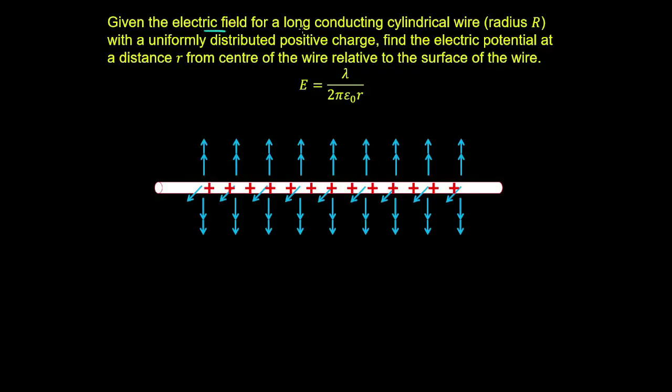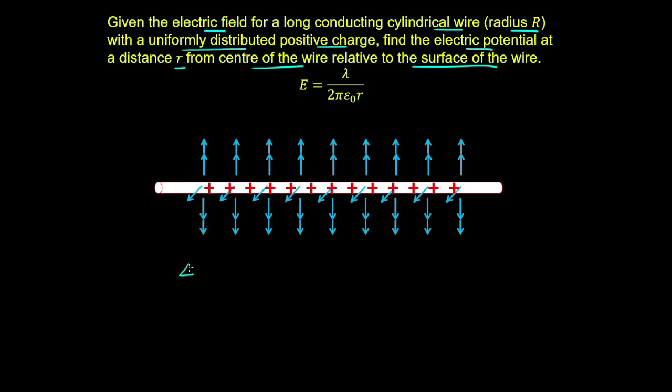Given the electric field for a long conducting cylindrical wire, which has a radius R and a uniformly distributed positive charge, find the electric potential at a distance r from the center of the wire relative to the surface of the wire.